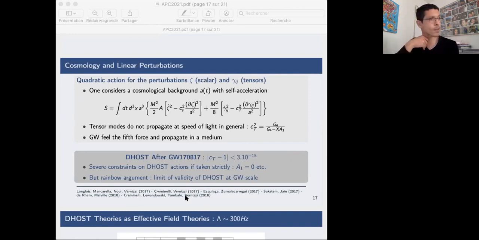Concerning the disformal transformations, I don't really understand the question, because there is one class, the physically viable class of DHOST theories, that is disformally related to Horndeski. This is true, and this means that all those theories are equivalent to Horndeski in vacuum.